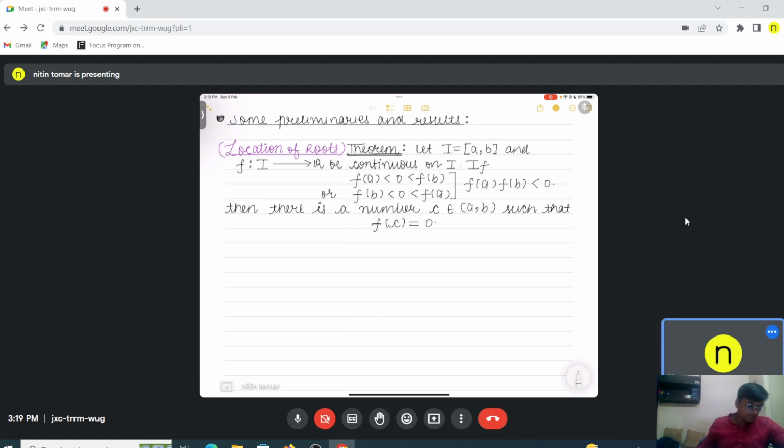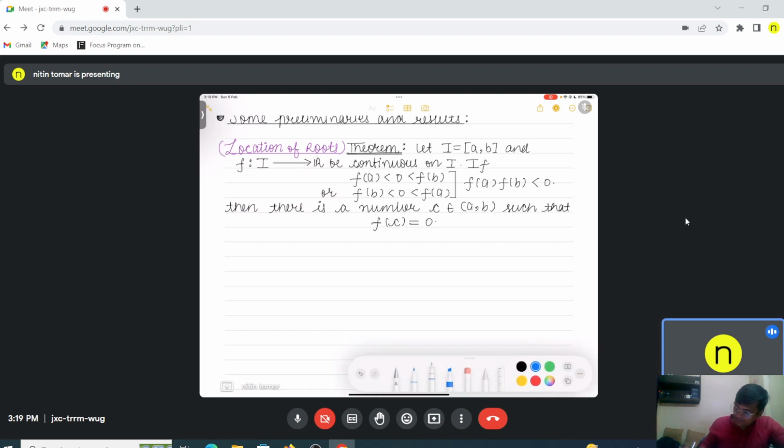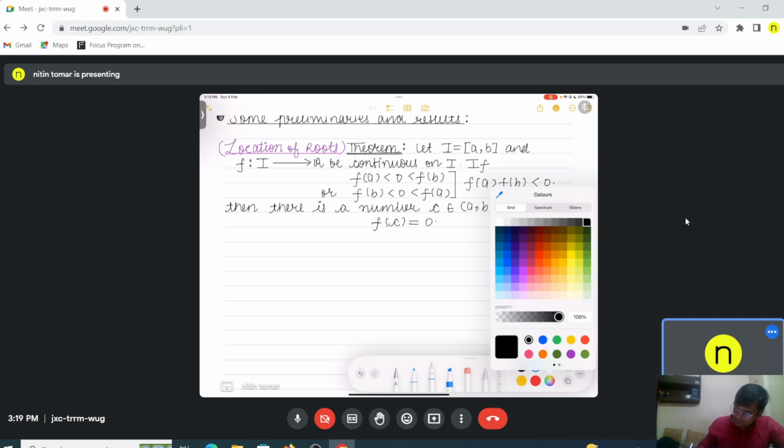Okay, so we will not go into the proof, but as an example I would like to share one function on which we will apply this theorem.